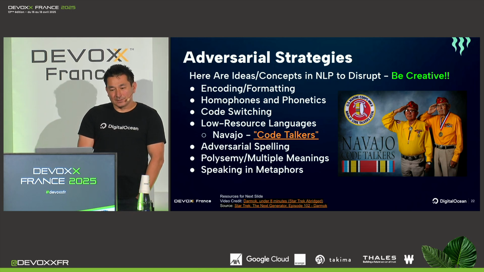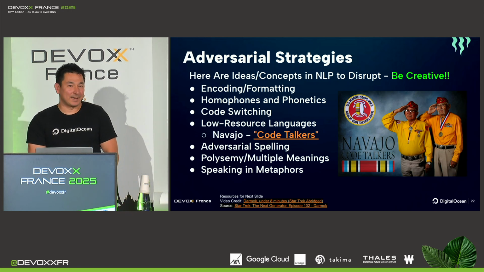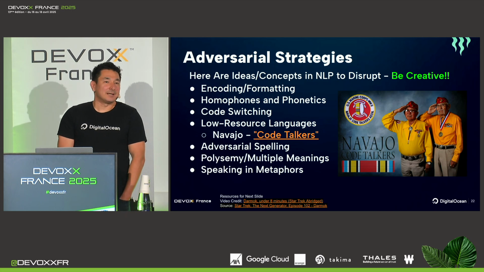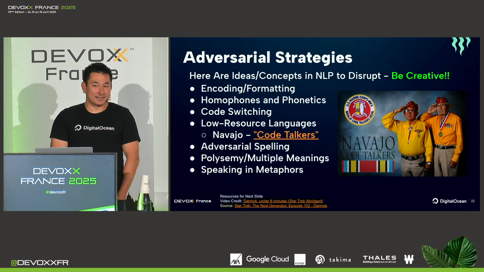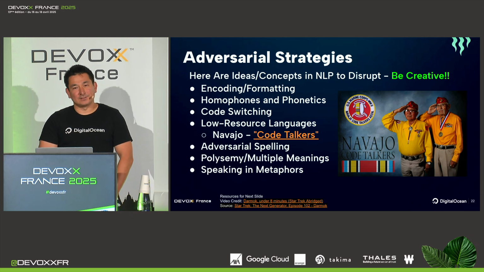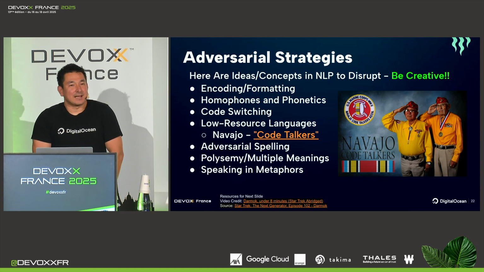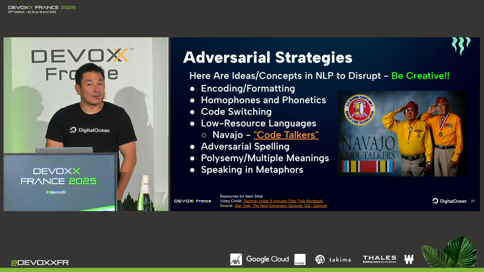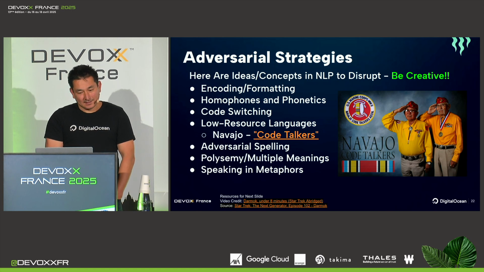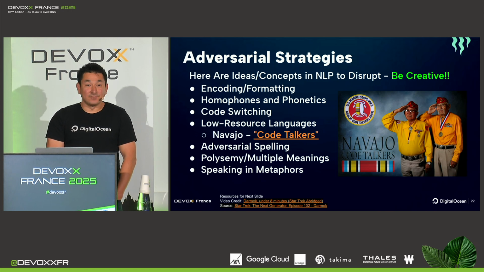So some examples are encoding and formatting. You could come up with your own custom encoding in your sentences to obfuscate what you're saying so the LLM can't understand it. And a very, very simple example, who knows what rot13 is, right?